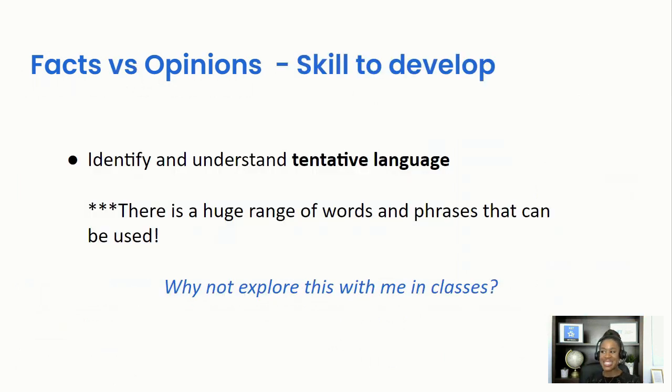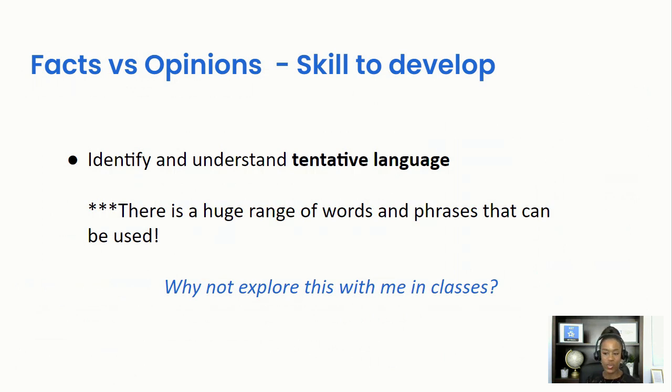So, tentative language, let's talk about that. Because being able to identify and understand what tentative language is really helps when you're trying to identify facts from opinions and understand that on a deeper level.